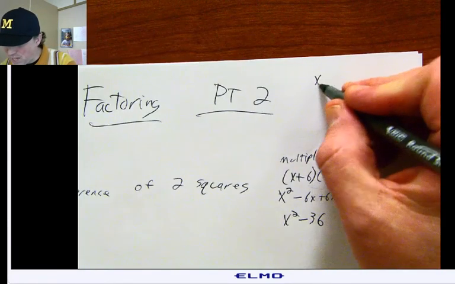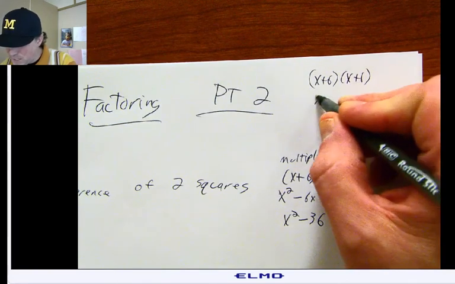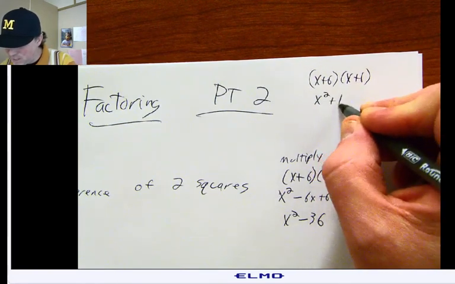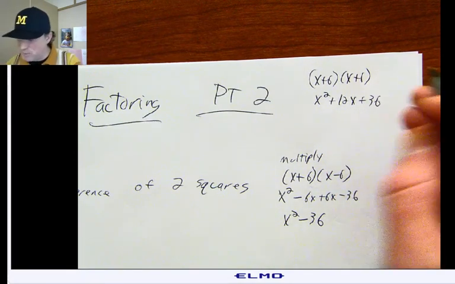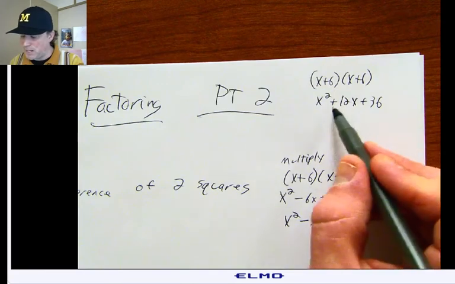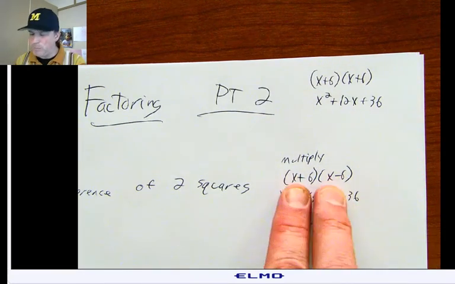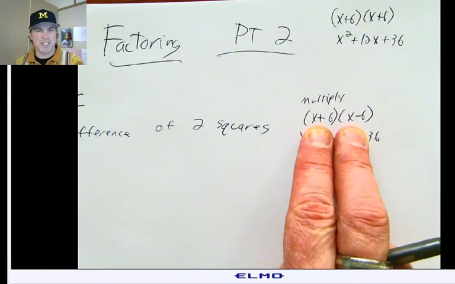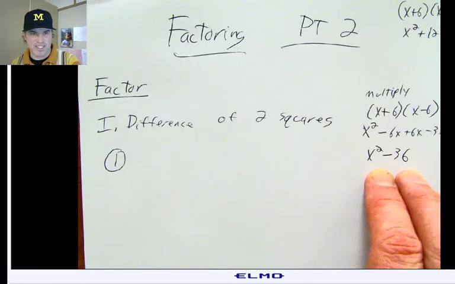If you tried x plus 6 times x plus 6, you end up with x squared plus 12x plus 36. And if these were both minus, it would be x squared minus 12x plus 36. But when one's plus and one's minus, those outer and inner terms cancel out, and you're just left with this.